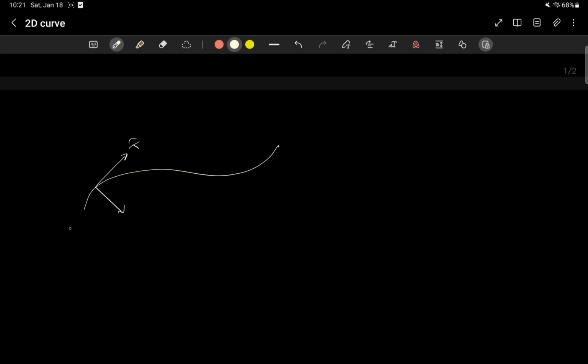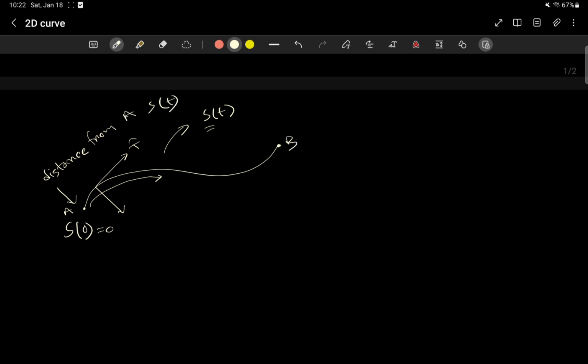If we parameterize the curve from this point to this point, and let's say at t equal to 0, the parameter here is t, and the s really represents the distance from a to b. Distance from a is characterized by s, and whose parameter is t. S itself is a parameter, which is the distance parameter for now.